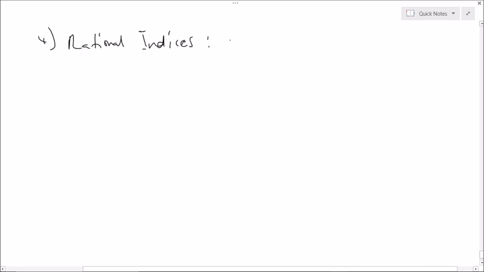This states that a exponent 1 over n is equal to the nth root of a. For instance, if you have 4 exponent 1 over 2, then this is the same as the square root of 4, which is the same as 2.